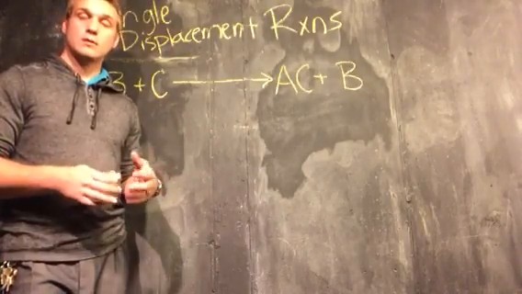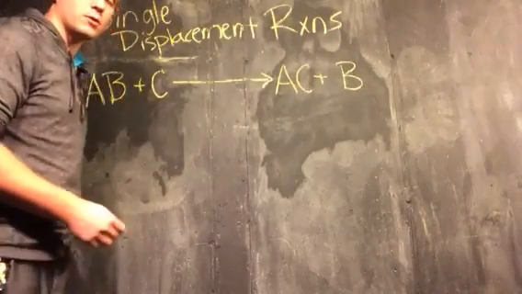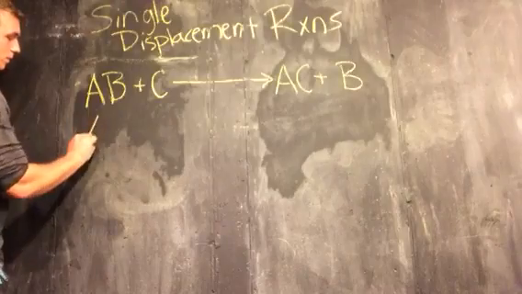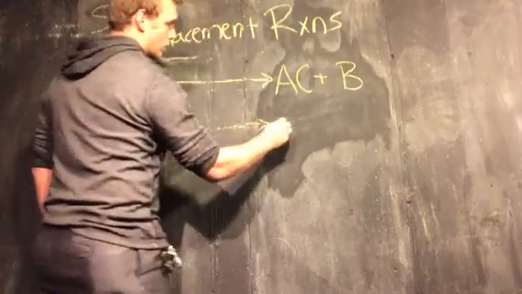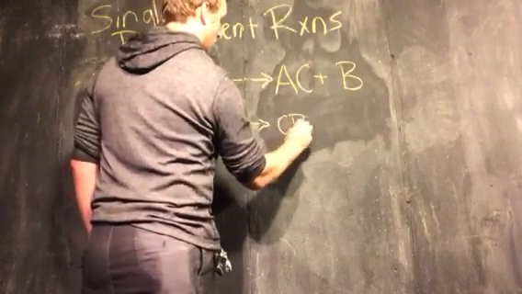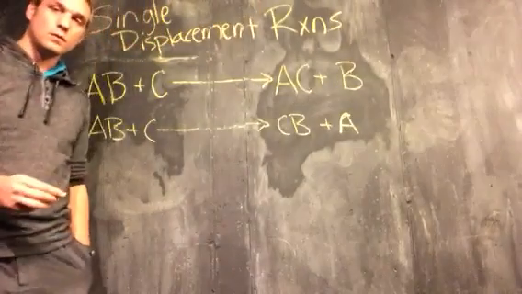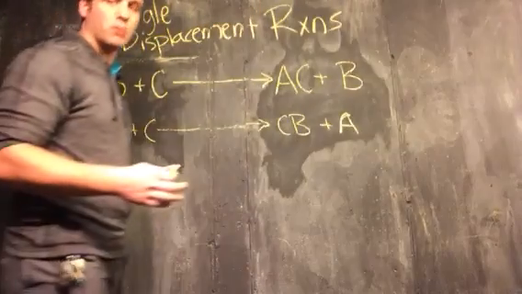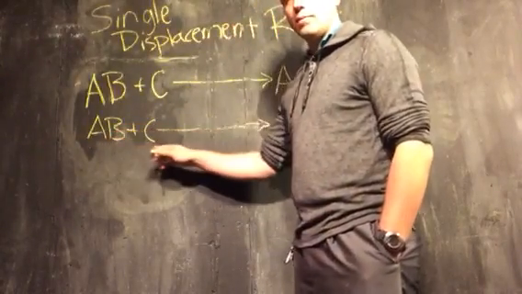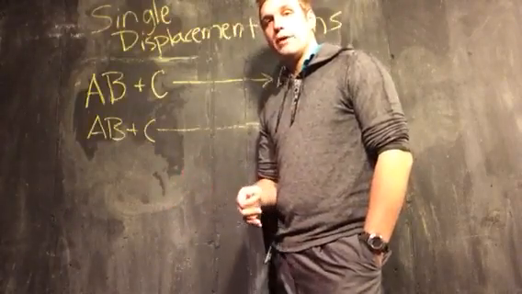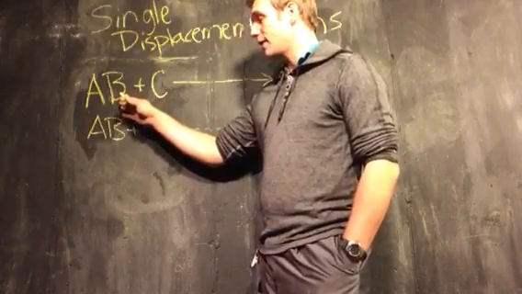Your other option is slightly different. Just the A is going to move instead of the B. So let's write what that would look like. And the only difference of what you have going on is now you have A getting kicked out by C. So single displacement reactions is where only one element is being kicked out.